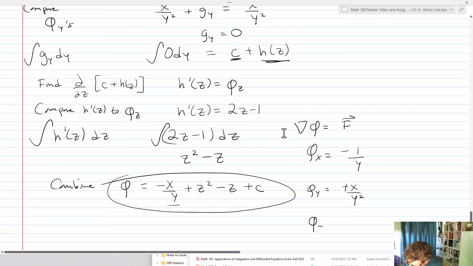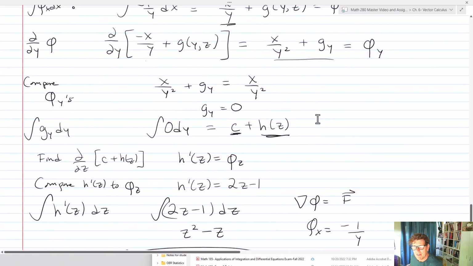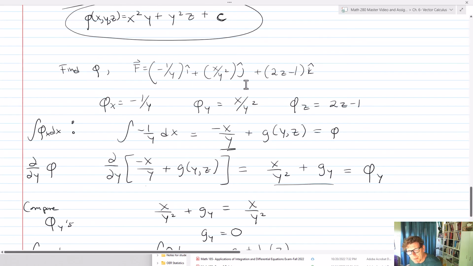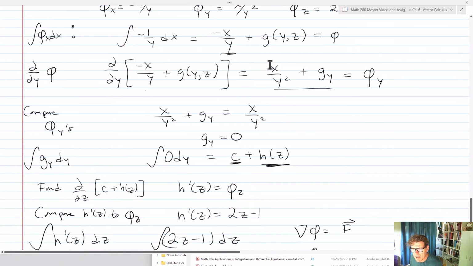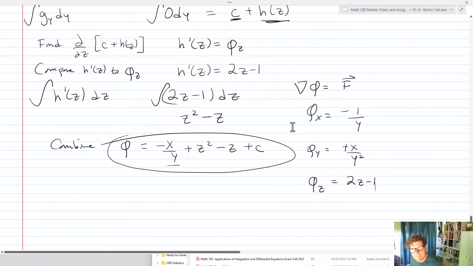And then phi of z is just 2z minus 1. So what you can see is that we, in fact, retrieved our potential function. Negative 1 over y is phi of x, x over y squared is phi of y, and phi of z is 2z minus 1. And that is our potential function.